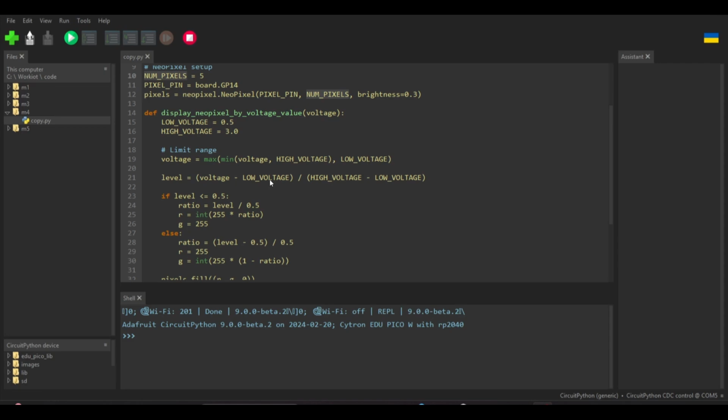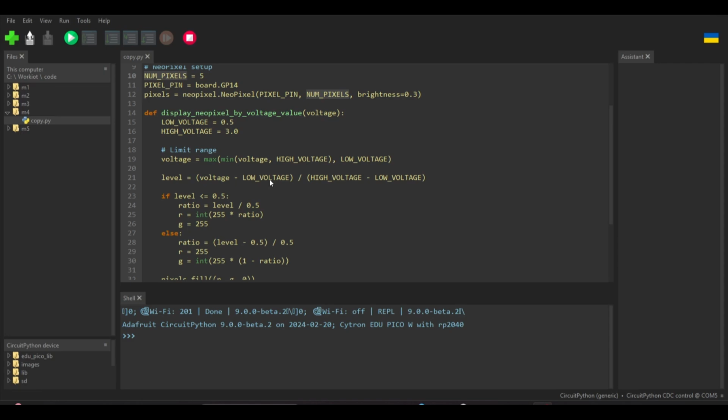So if the level is equal to or lower than 0.5, it branches to the first half, which is green to yellow, and ratio equals level divided by 0.5, which maps level from 0.0 to 0.5 to 0.0 until 1.0.